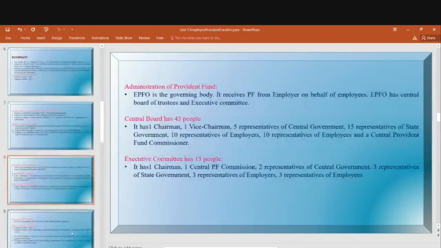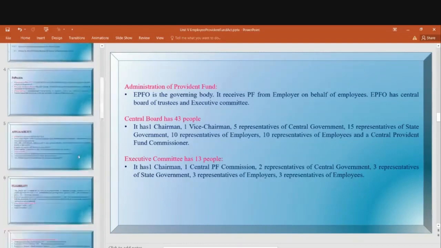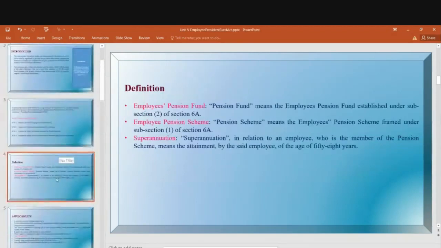And the next one is administration of Provident Fund. So here, who is going to administer, or who has the power to administer the Provident Fund? As I already told you, this is the EPFO, Employees Provident Fund Organization. So it is the eligible institution.